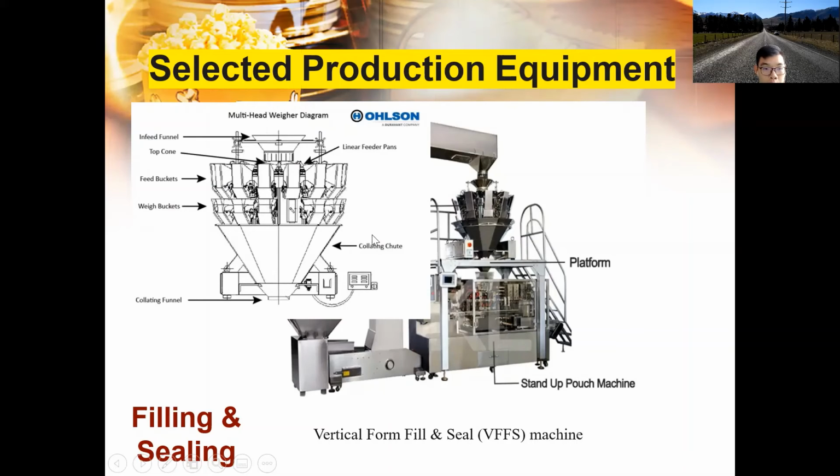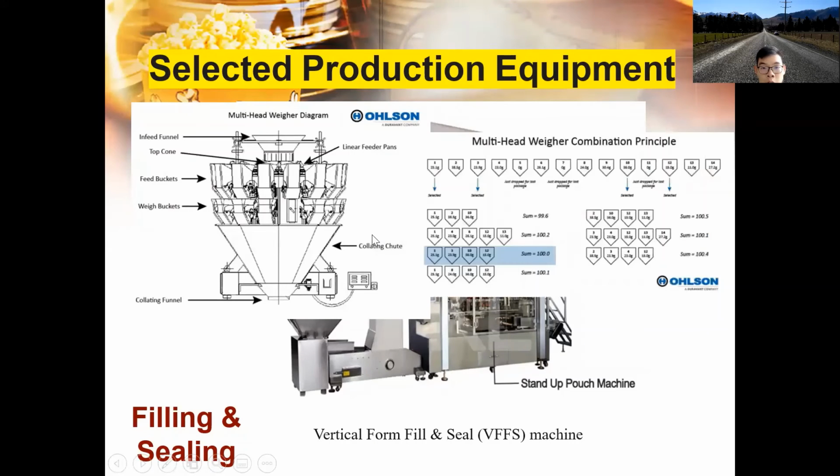The system functions like a combination principle, whereby every compartment will have different weights, and the system will automatically sum up which compartments will reach the desired weight. For example, 100 gram is our desired weight, and the first compartment maybe is 20, the second is 30, another one is 50. So these 3 compartments will be allowed to enter the collecting chute before being released out into the pouch.